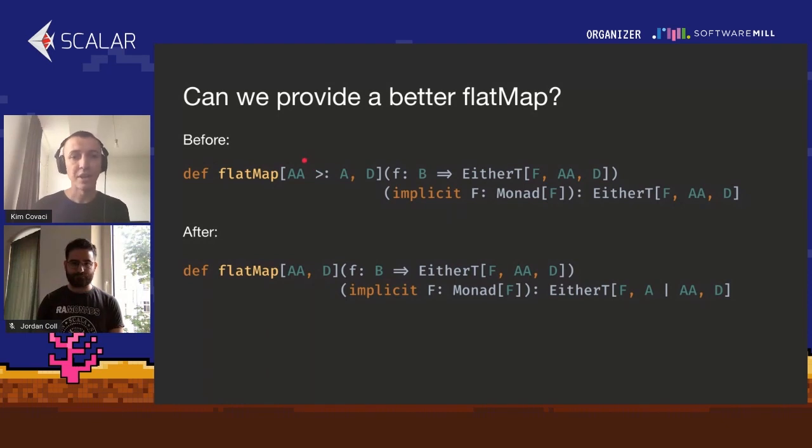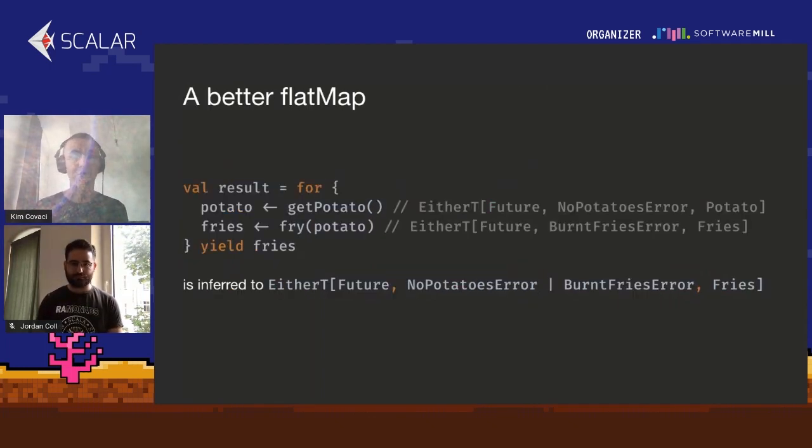As you can see here, we also have this widening. But what if we change the widening to an explicit type union? So we end up with this flatMap signature. We have AA from the second EitherT, and the resulting error would be just the union of A or AA. And with this flatMap signature, our code example actually works.